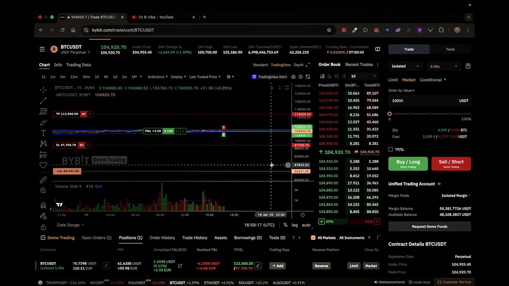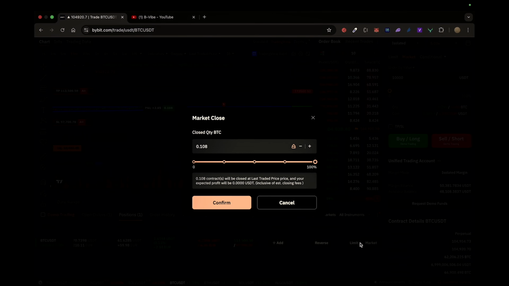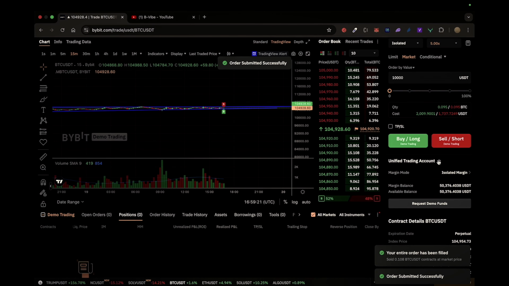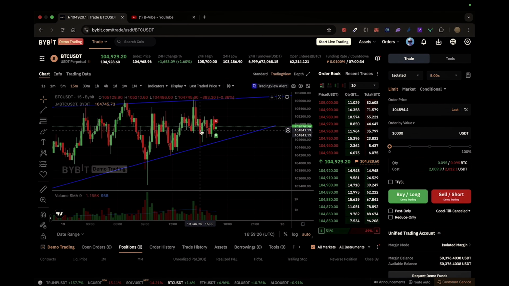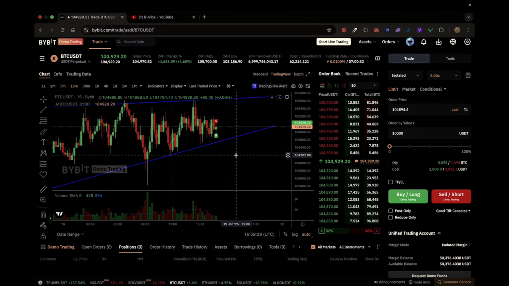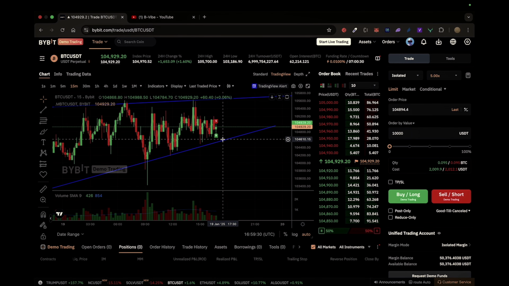Also, what I can show you is how to create a limit order. It's very simple. I will close this current order, go here, and select limit order. Let's say that with this current graph, I want to enter a long order at 104,617.